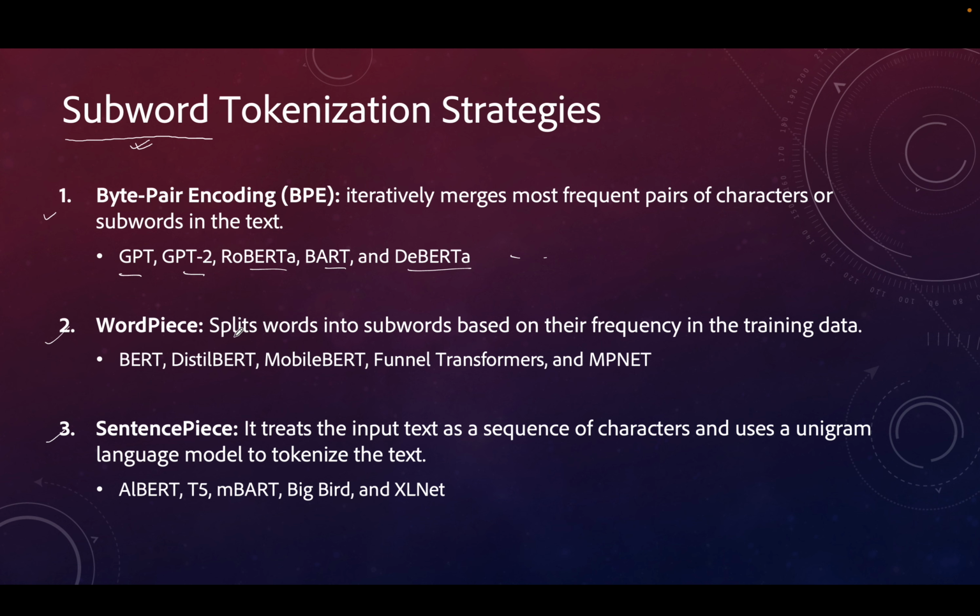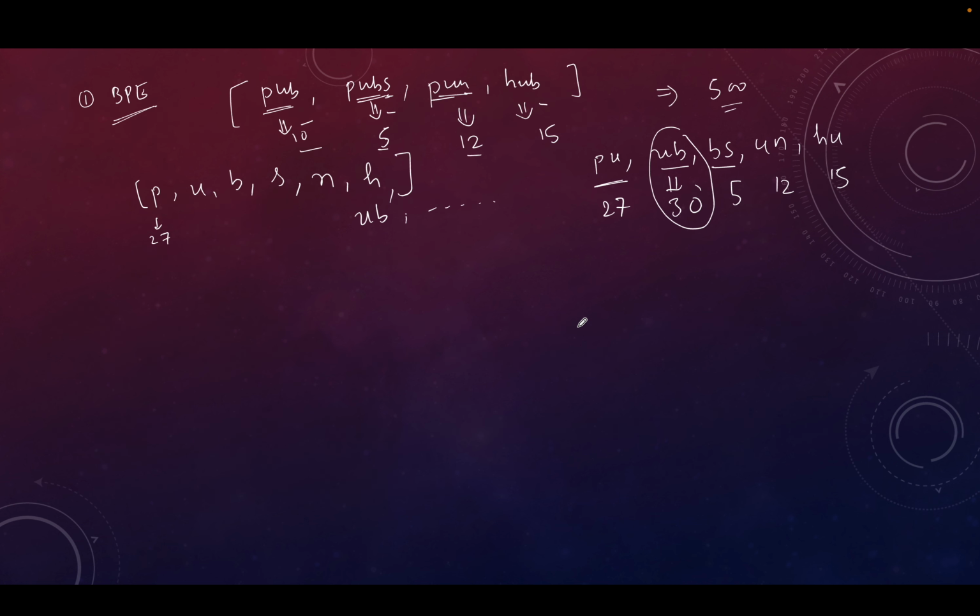The second strategy is WordPiece. It splits the word into subwords based on the frequency in training data, and it's used in BERT variations like DistilBERT, MobileBERT, Funnel Transformer, and MPNet. This WordPiece is very similar to this.